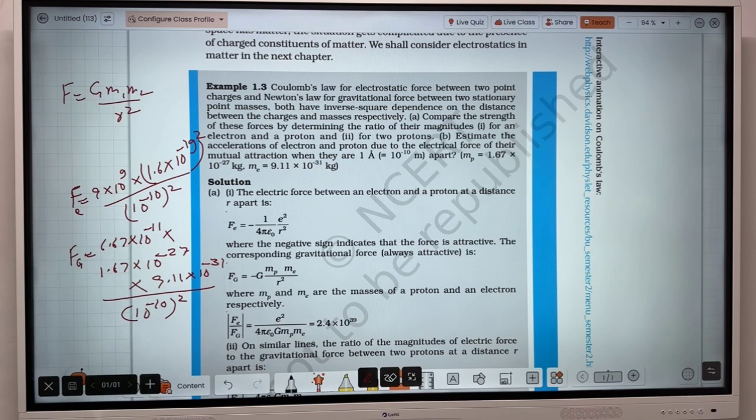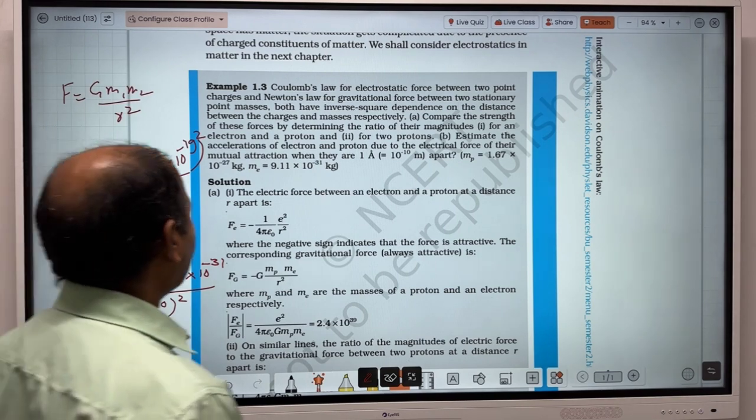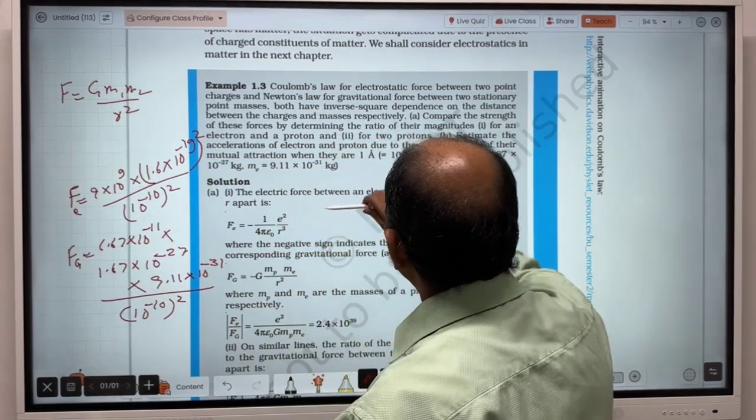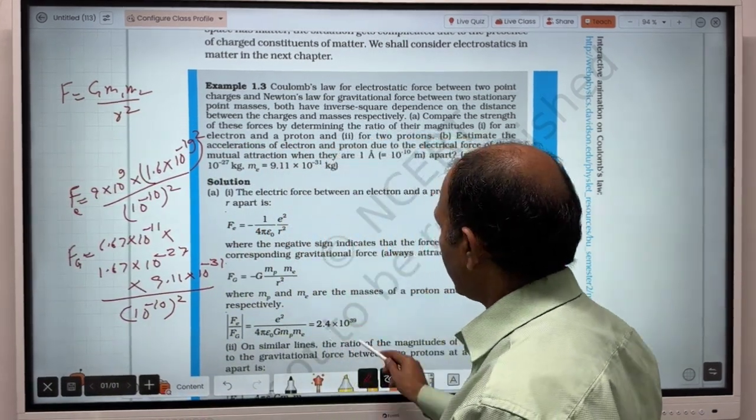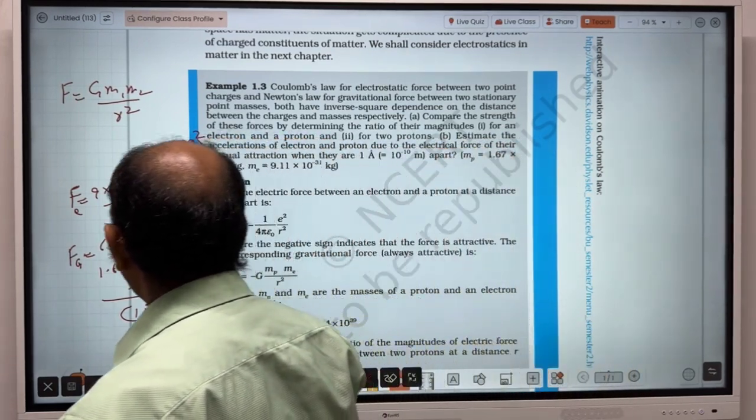Now if you take the ratio of the two, Fe, electrostatic force, divided by gravitational force, what do you observe? The denominator term will vanish, only the numerators will be left, but the value will be very large as compared to this one. Means the electrostatic force will be very large as compared to the gravitational force, and it will be around 2.4 into 10 power 39.